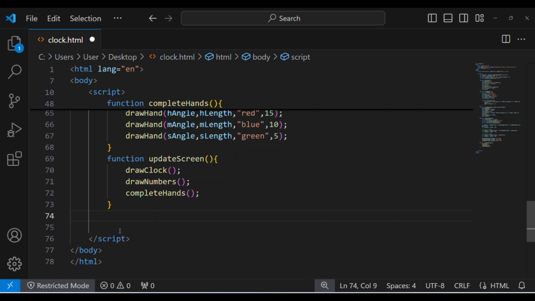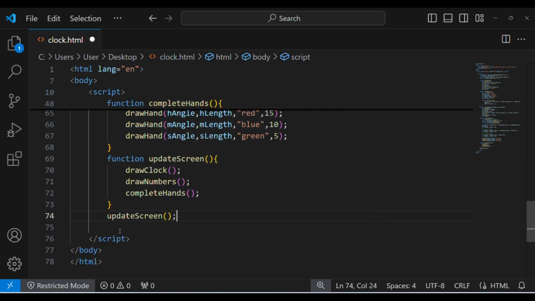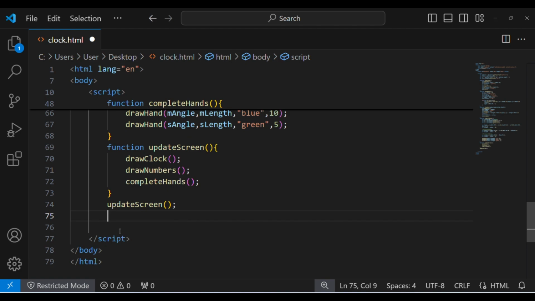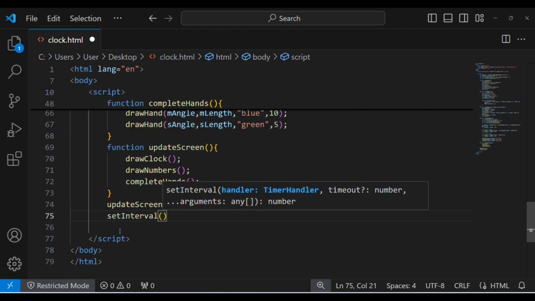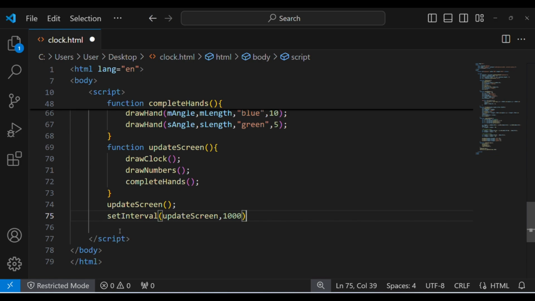After that, we will call this function update screen. Then we will add one setInterval for the update screen, and the time will be 1000 milliseconds, so that it will update our clock every second.